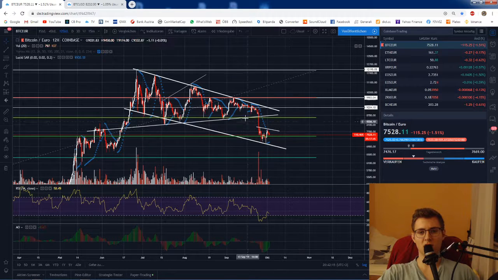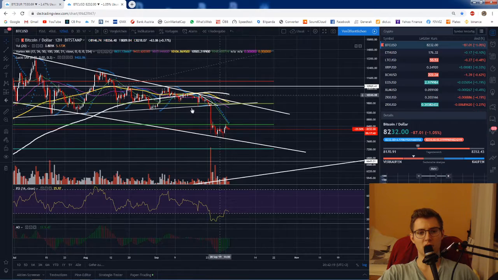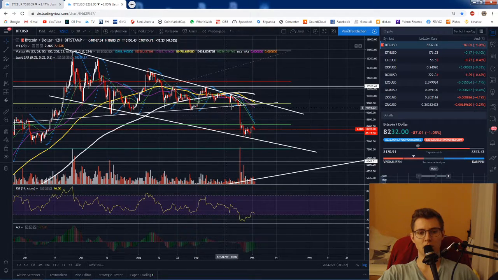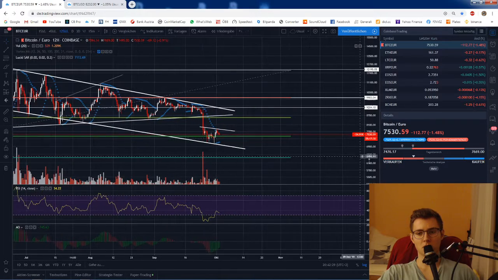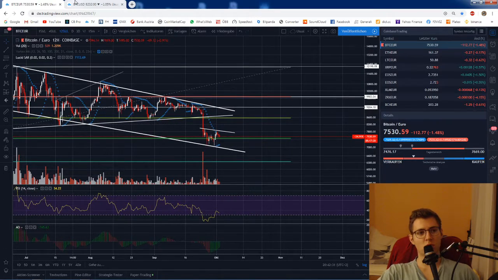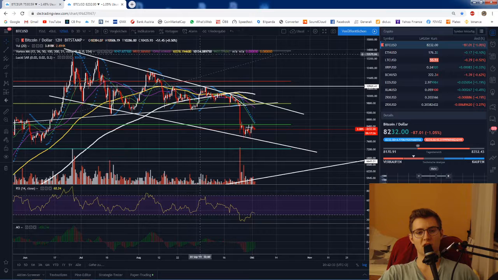Also, you can see this touch right here. It didn't hit the trend line, and on the Bitcoin dollar, it did. So this was a bit more clear. So for price action on both sides, nothing new.